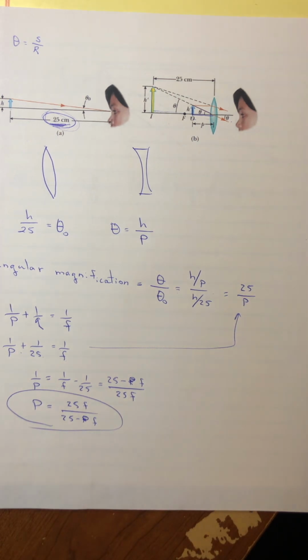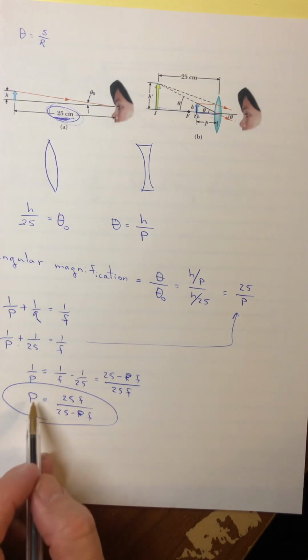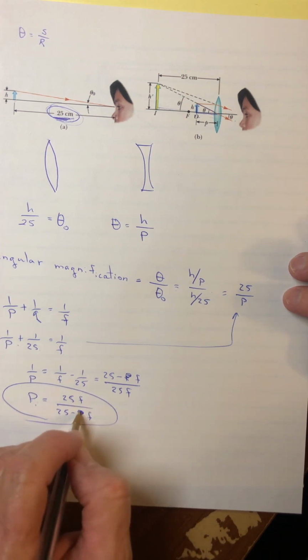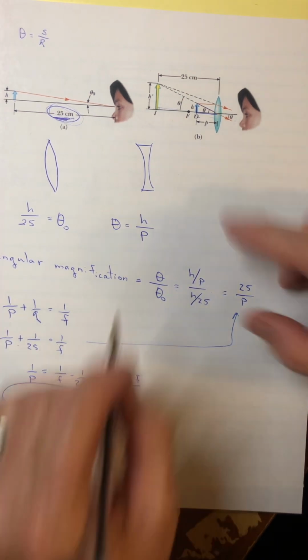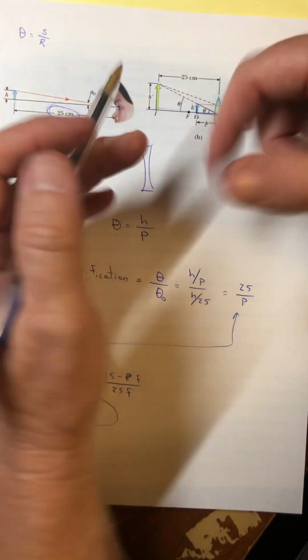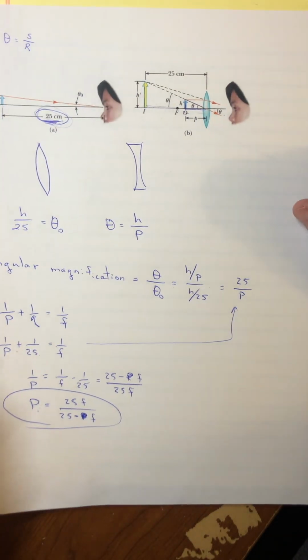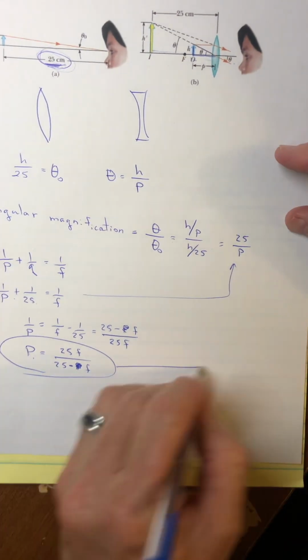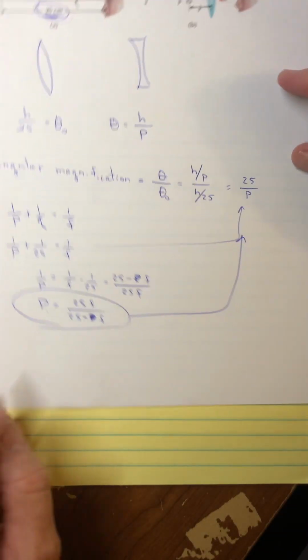So there is what p needs to be, based on the focal length of this magnifying glass, in order to get the image to be at my near point, so I can actually focus on it. And so let me use this up here, as we said.